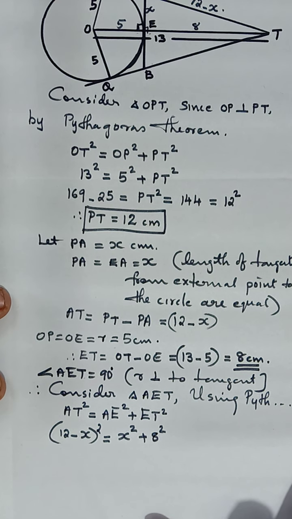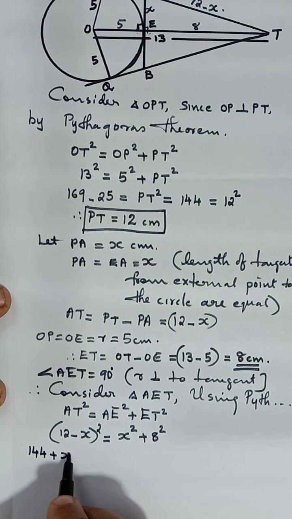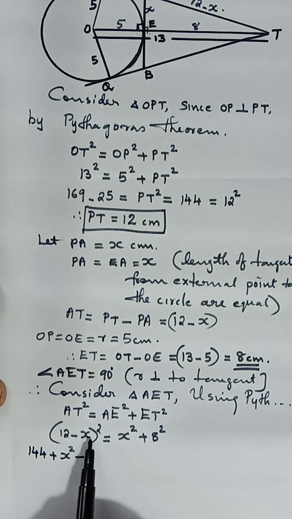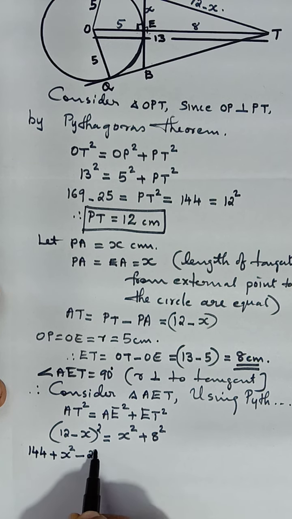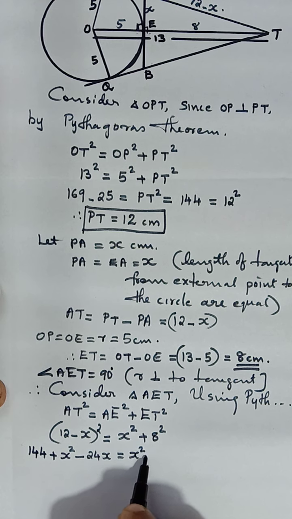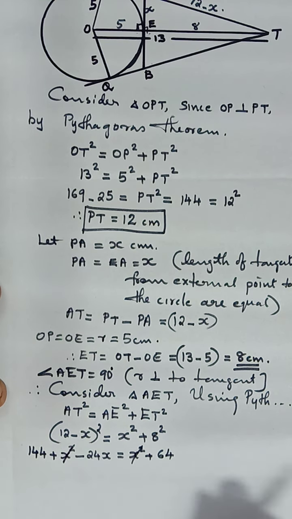What do we get now? 12 minus x whole square: 12 square is 144, plus x square, minus 2ab, that is a square plus b square minus 2ab. Minus 2 into 12 is 24x. That's equal to x square plus 8 square, which is 64. x square can be cancelled.